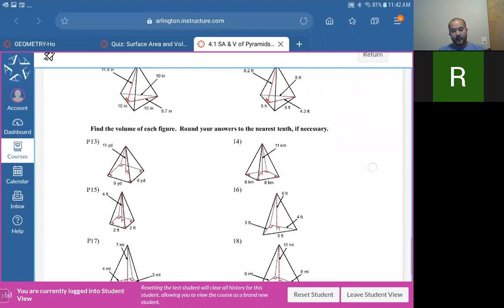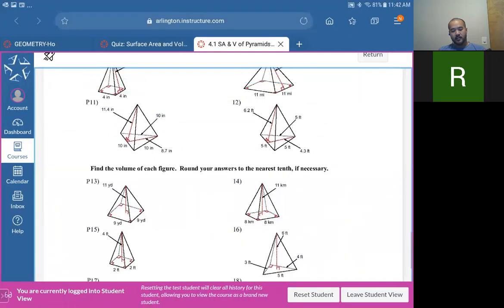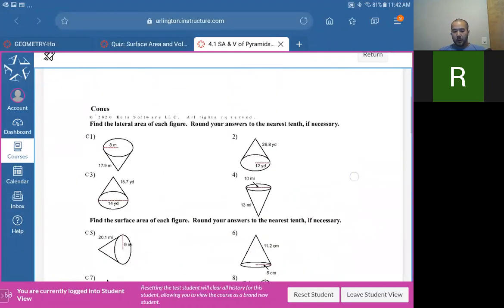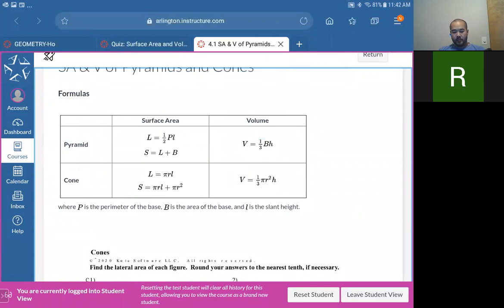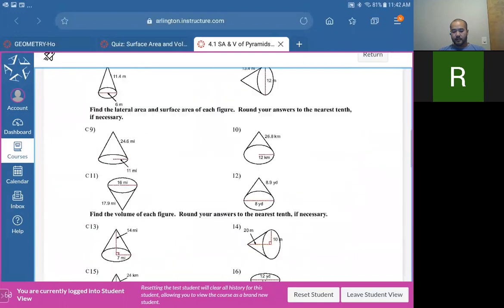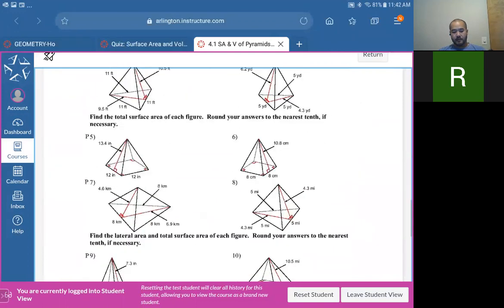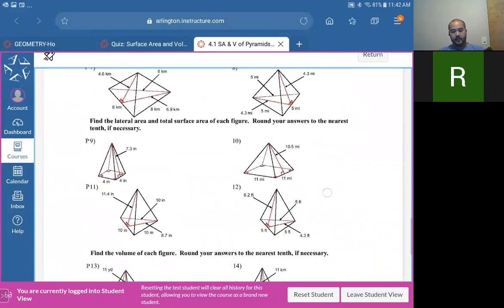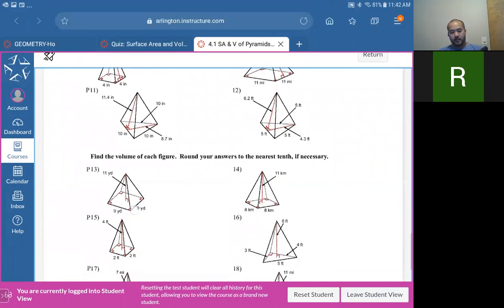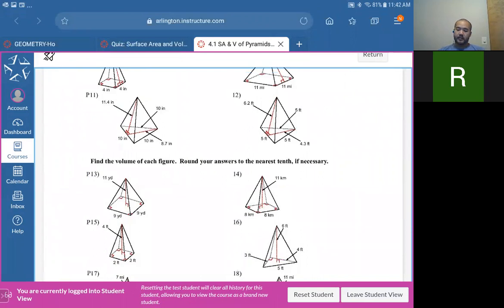It's a 9 by 9 square at the bottom, and it's 11 tall. For a pyramid, 1/3 base times height. So the area of the square times the height.